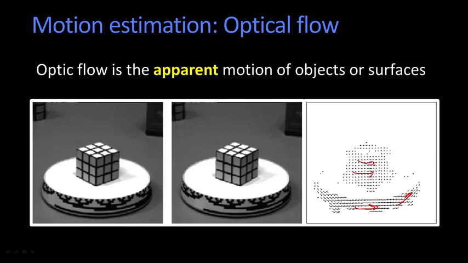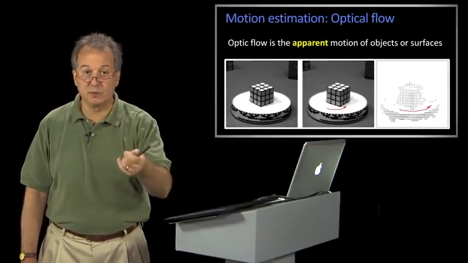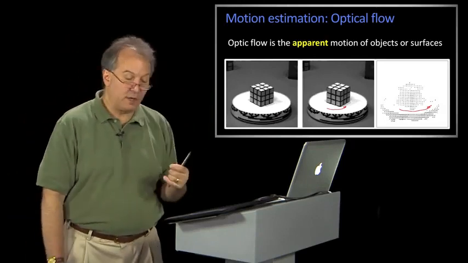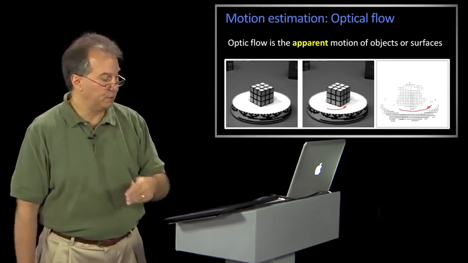And of course, the motion is greater in the front of the turntable than, say, on the cube, because it's closer to you and it's rotating a further distance. But you'll notice that there are no arrows up here, on the white part of the turntable. Now, it's moving exactly the same way as the part of the turntable that has the markings on it, but you can't see it. There's no apparent motion because there's no contrast, there's no texture, there's no indication that the pattern is moving. So optic flow is recovering the apparent motion of objects or points or surfaces.